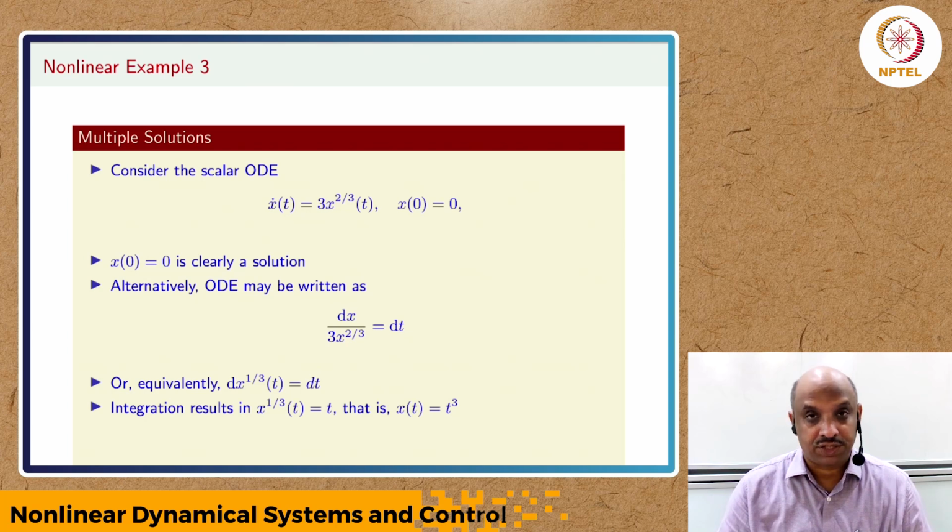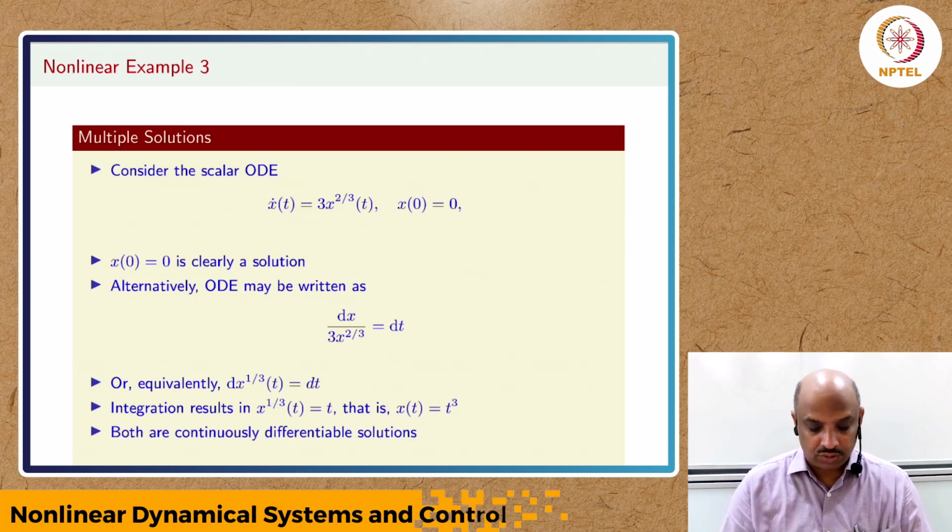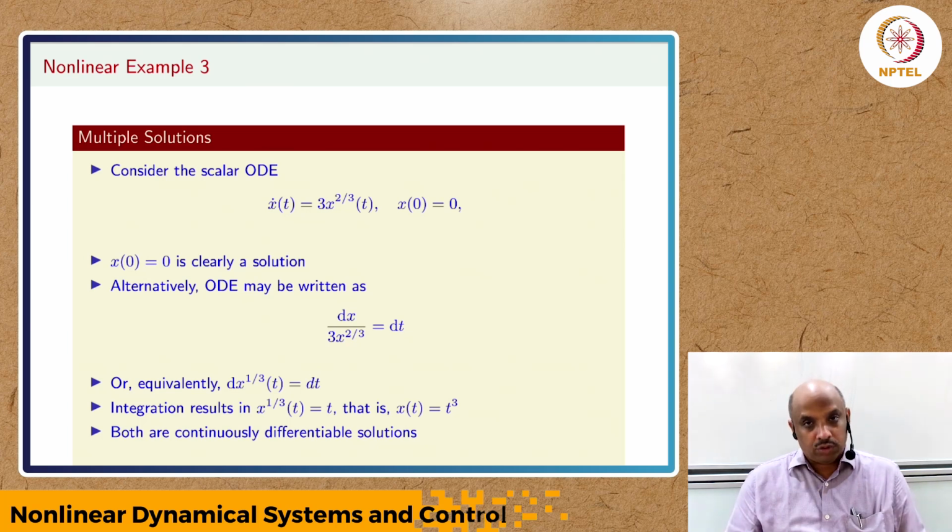You can simply check: x dot of t is 3t square, and by substituting t cube into x in the equation, we can see that it satisfies the differential equation, and certainly x of 0 is 0, so it satisfies the ODE completely. So in this particular case we have 2 solutions, right? Both happen to be continuously differentiable solutions, so we claim that they are valid solutions. So we have 2 valid solutions, right?